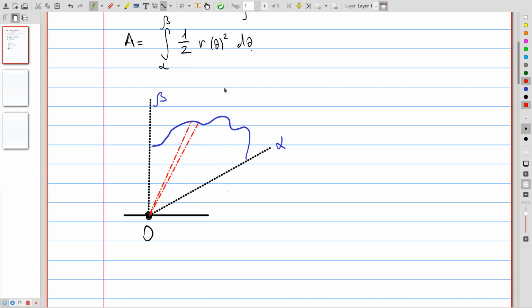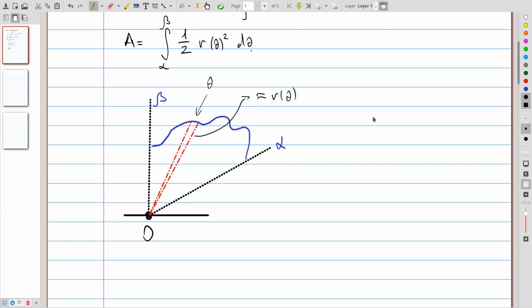What we know about it is the following. We know that its sides are roughly of length r of theta. So if there's angle theta, say exactly in the middle between these two rays, then the sides have length roughly r of theta.